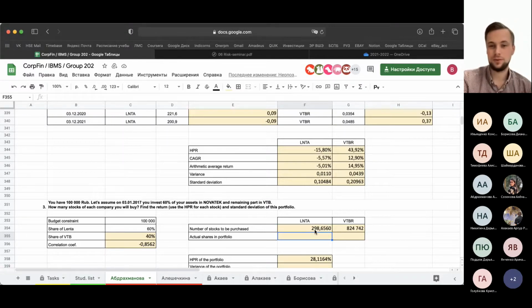So how can we transform this number into an integer? Can we just round? Yeah, but round to which? Round high or round low? Lower, because then we will have some sort of uncertainty if we take higher. Actually here we have money only for 298 stocks, because we have a budget constraint.